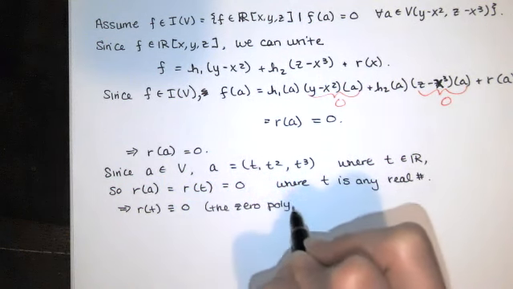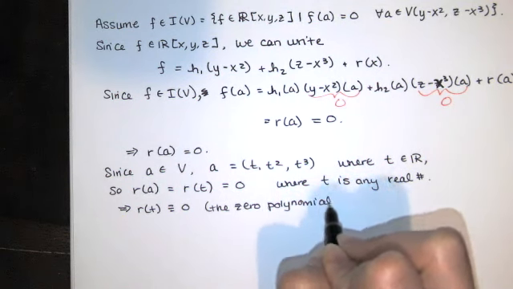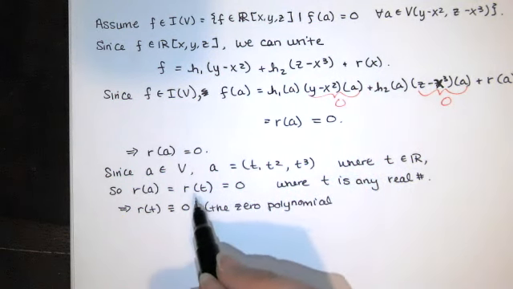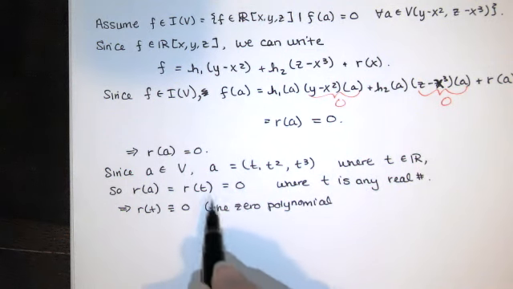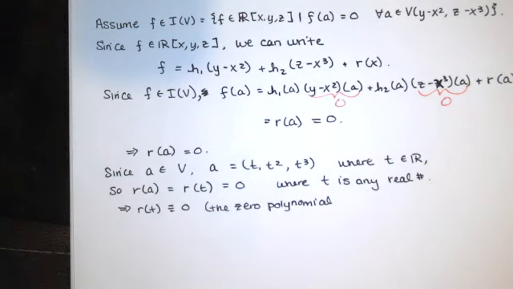Remember, Proposition 5 said that if we have a polynomial function that's equal to 0 for all points in some infinite field, then that polynomial function must be the zero polynomial, and vice versa.